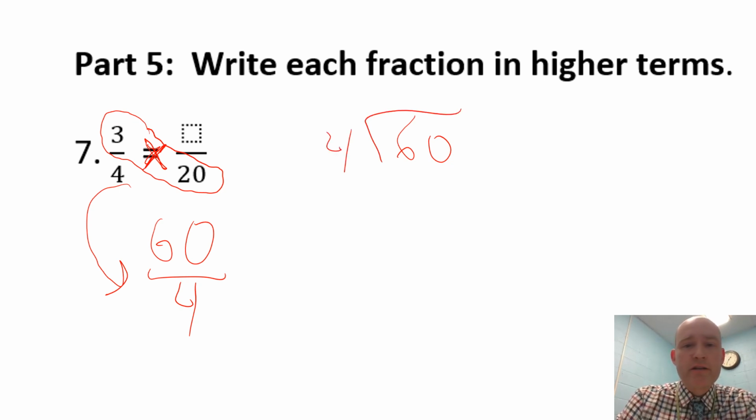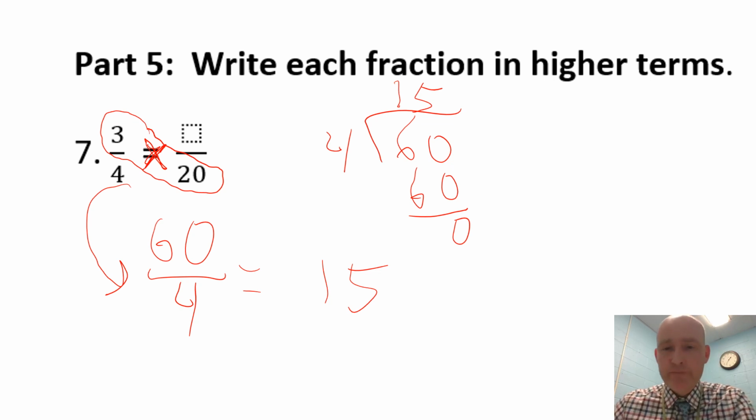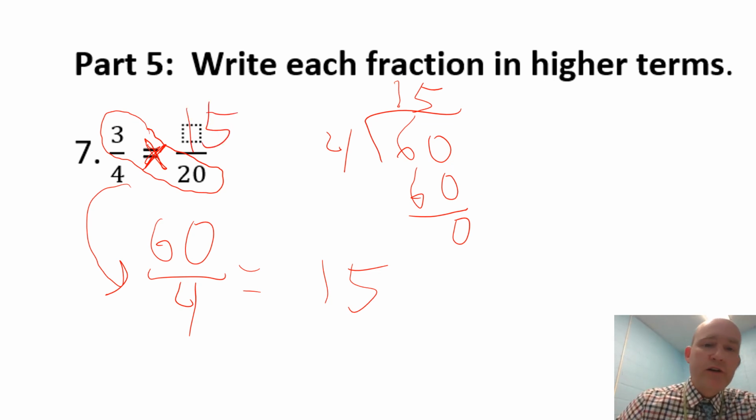It's the same thing. 60 divided by 4 is 15. Notice I do 4 times 15, I have 60, I have 0. So remember, 15 0/4 is the same thing as 15. Our answer is 15/20 in higher terms.